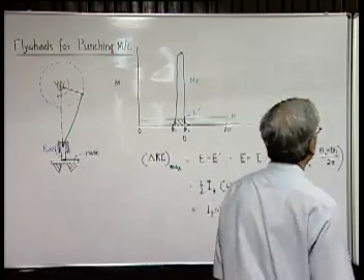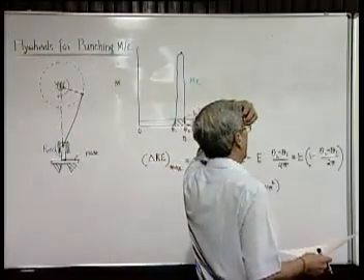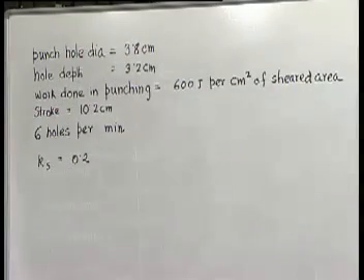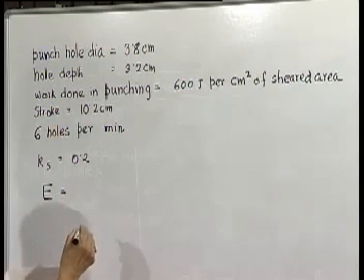So let us find out the required flywheel to be put on the crankshaft directly, so that the coefficient of fluctuation of speed can be kept within 20% in this situation. Now the energy required per punch or per cycle will be how much?